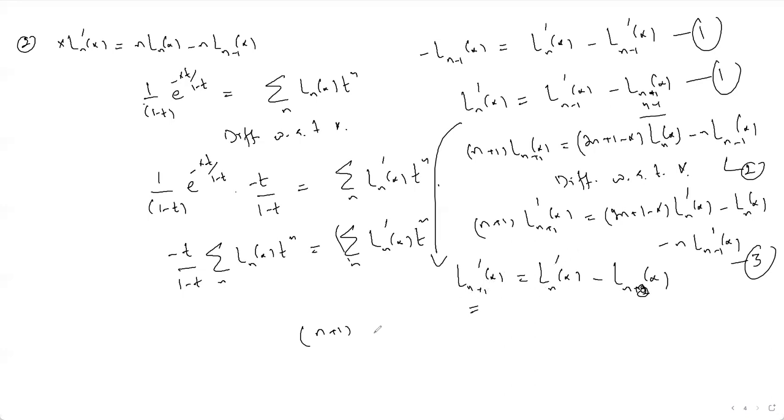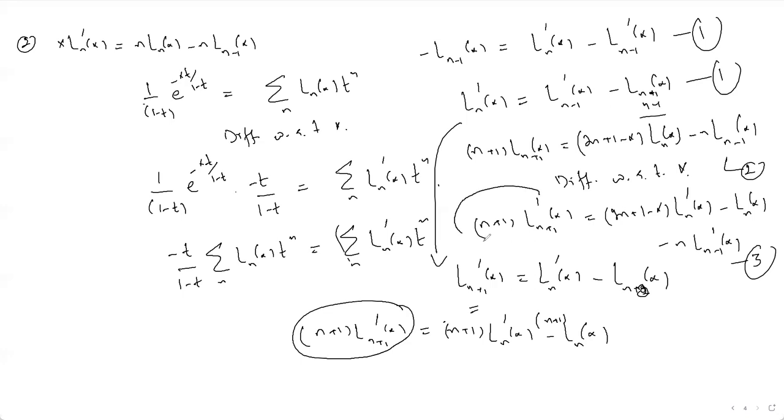So I will write down this equation as (n+1) L'_{n+1}(x) is equal to (n+1) L'_n(x) minus (n+1) L_n(x). Okay, now ये जो है यहाँ पे, we have this equation here.